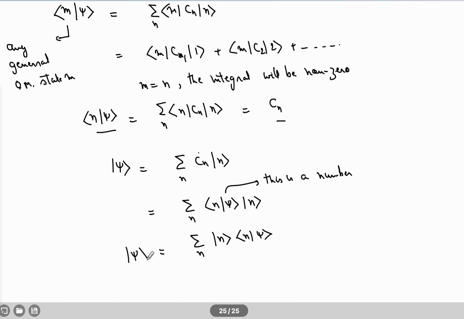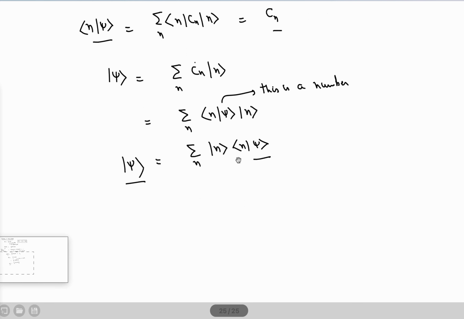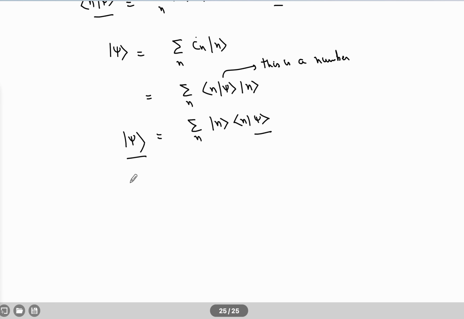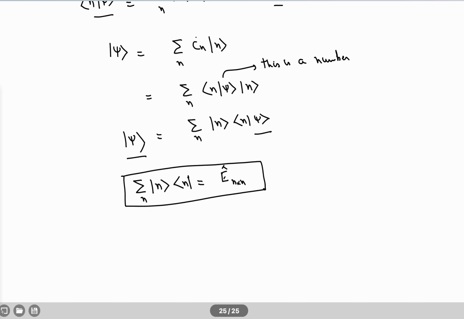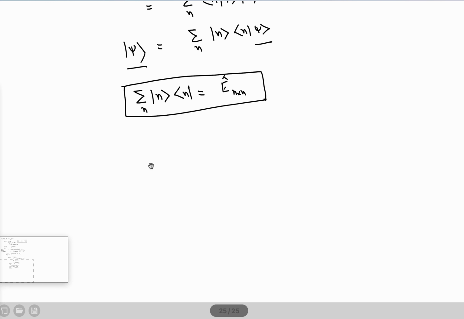Now you see that on both sides you have ket psi common, so that means this whole quantity will be equal to 1, or we can say the unity operator. So then we can say summation n ket n bra n is equal to 1, right? This is an important identity which we'll be using later. So let us make a note of this.